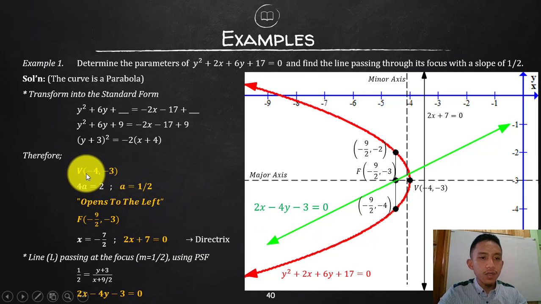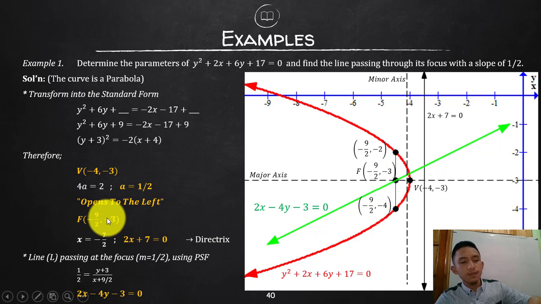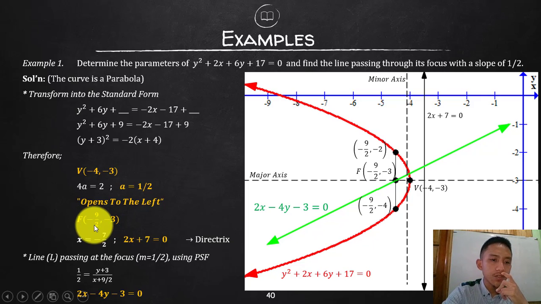And then, of course, if you have the vertex at negative 4, 3, since that is opening to the left, you will have the focus at negative 9/2, or that is negative 4.5, and 3, as the coordinate of your focus. How do you know that?